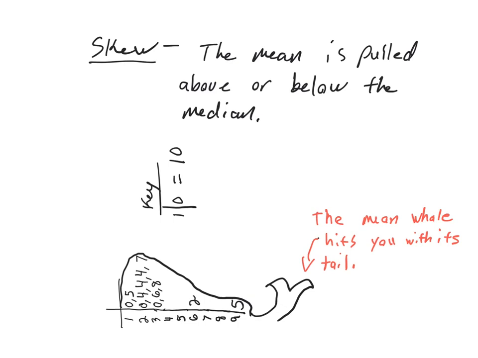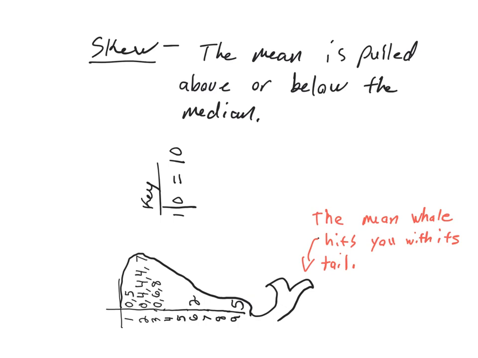Why is this important? Because the skew follows the mean. So in this case, the mean was pulled to the right. So this is skewed right. And you're going, but wait a minute, Mr. Mitchell, all the data's on the left. Correct.